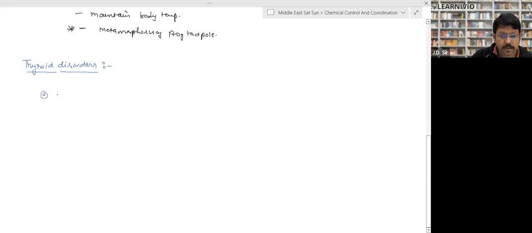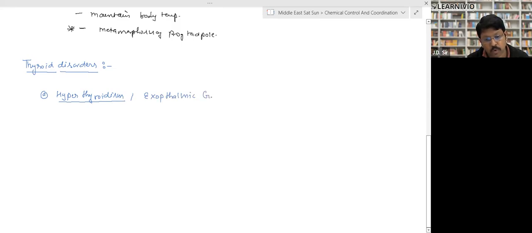So the first is hyperthyroidism. Hyperthyroidism means over secretion of thyroid. This is also called exophthalmic goiter, or Grave disease.